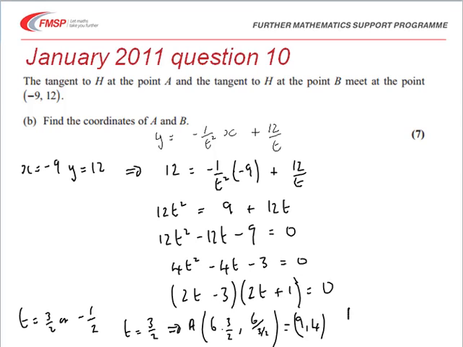And substituting t equal to negative 1/2 in a similar way gives us B is equal to (-3, -12).